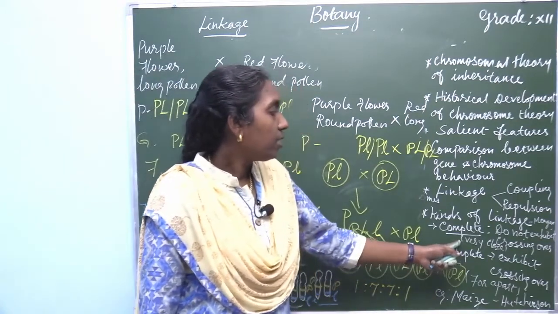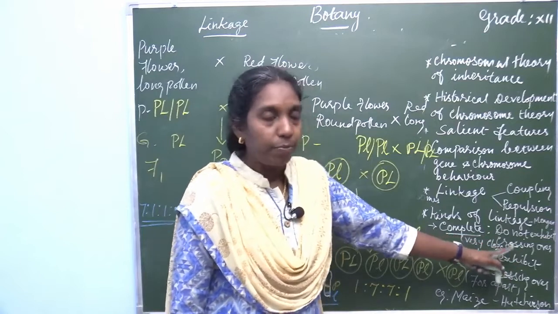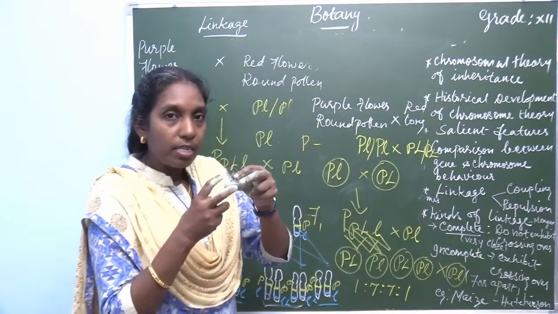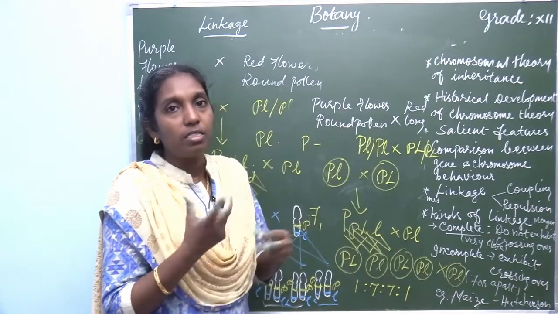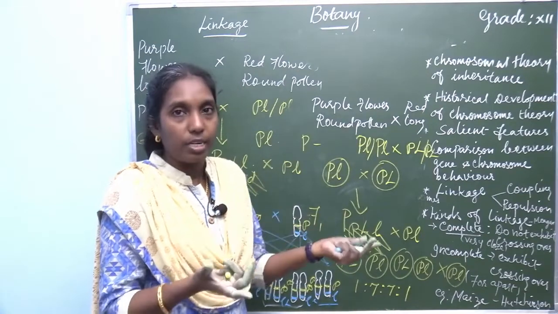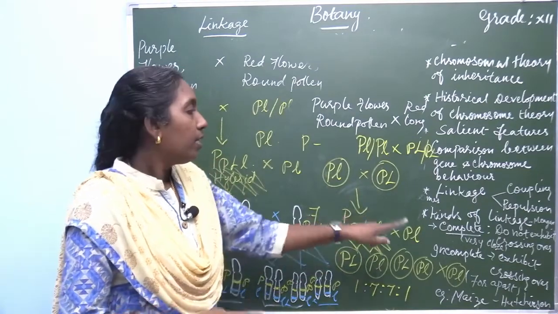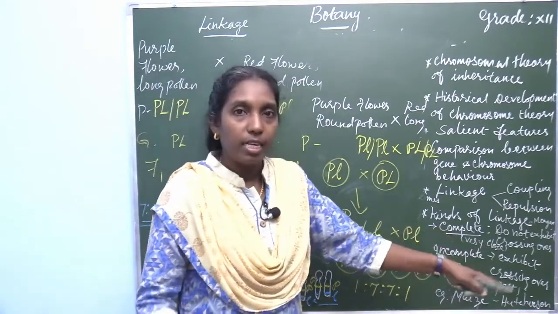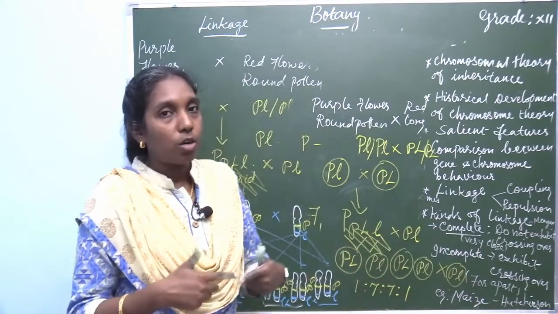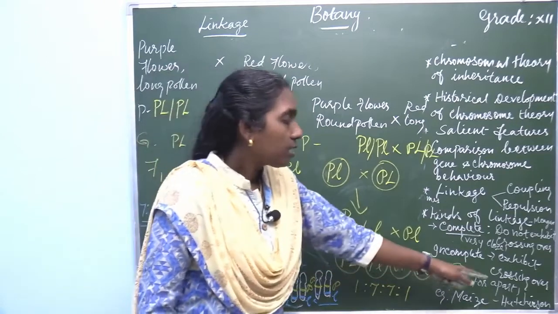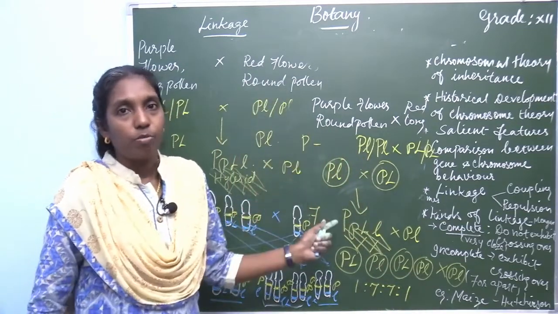So in complete linkage, crossing over is not exhibited, because the genes are located very close, so it forms complete linkage. The genes tend to inherit together, so there is no new combination. But incomplete linkage exhibits crossing over, because these genes are located far apart in the chromosome.